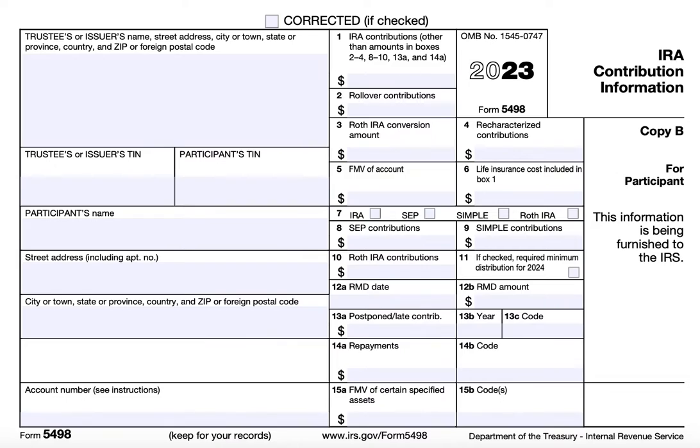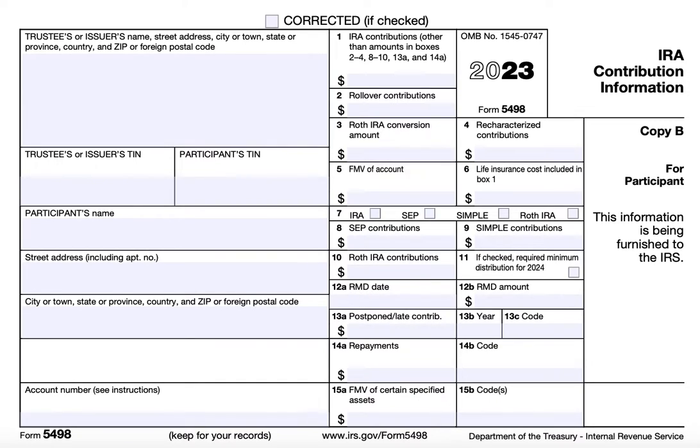The way this looks is if you are entering your first year of having to make a required minimum distribution for 2024, then for the first time in your life, you would see box 11 checked.